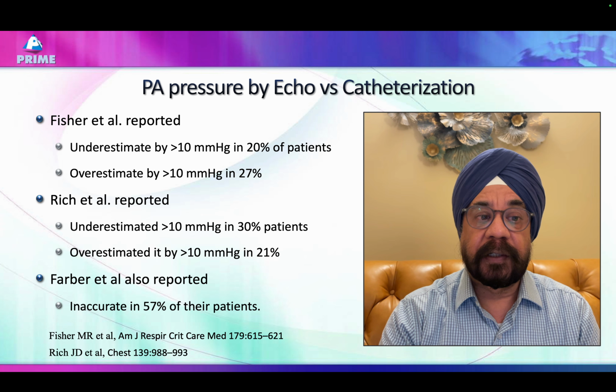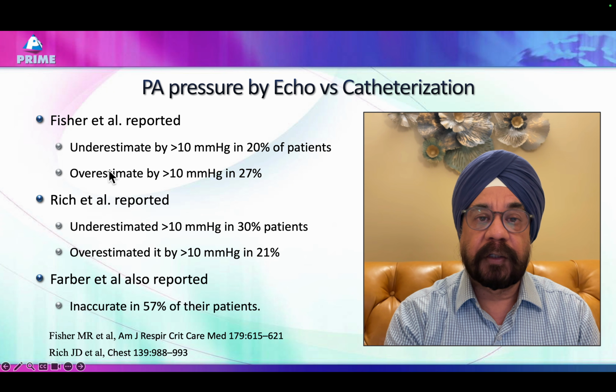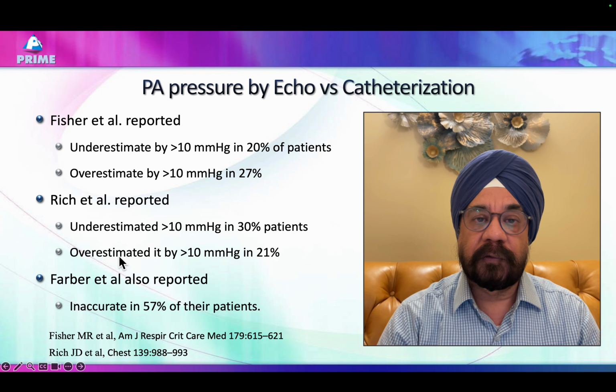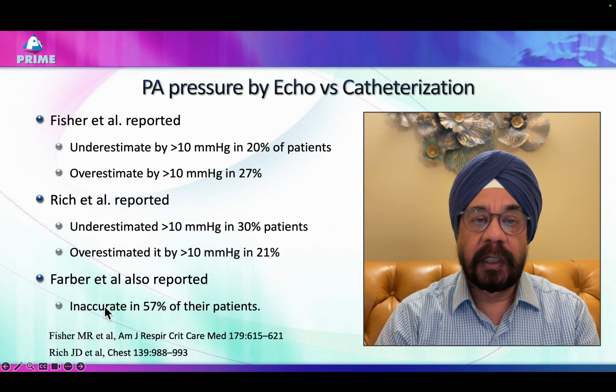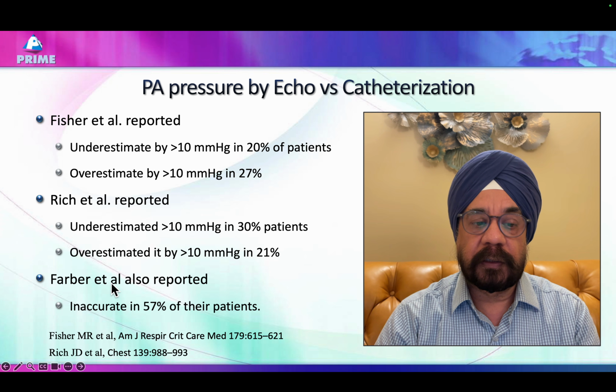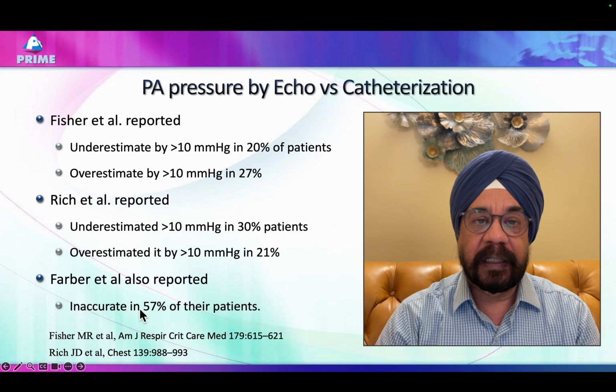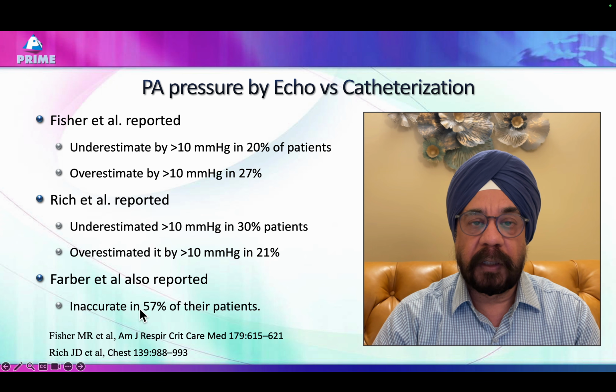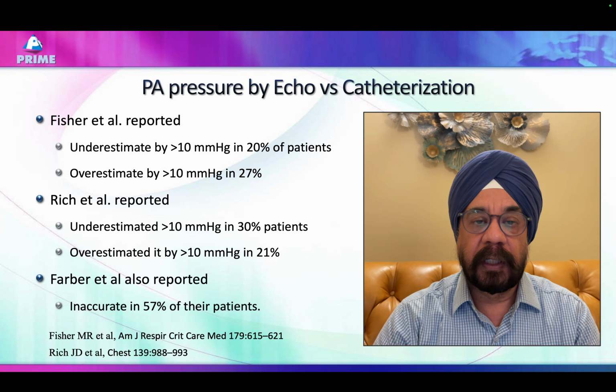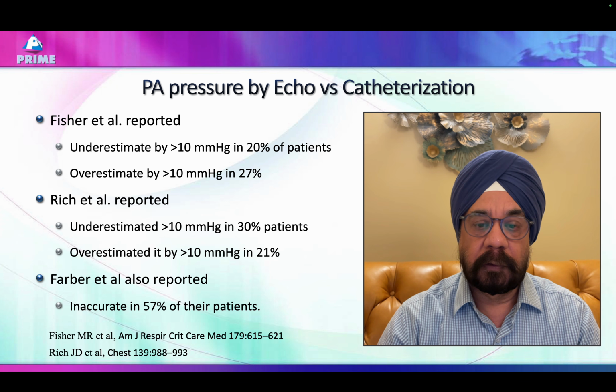Not just one, there are plenty of studies, right? Now we have plenty of studies stating that you can have variability between cath data and echo data as far as PA pressures are concerned. Look at Faber's study, which has given a very excellent result, showing that we are inaccurate in calculating PA pressure based on echocardiography as compared to catheterization. In 57% of patients we are wrong, right?